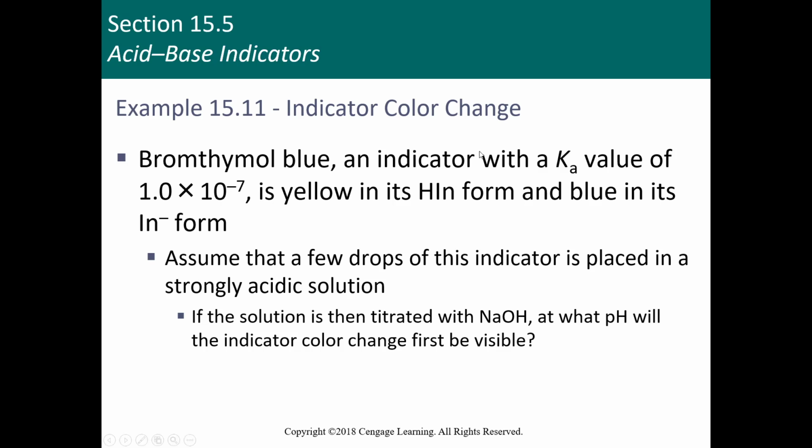Again, what you're looking for is a significant amount of this to be converted from the yellow to the blue form. Now, how much are you going to be able to see? Can you see 1 out of 100 specks? No, probably not, right? You usually need something like 1 in 10. A 1 in 10 is usually a pretty good indicator. You can see that pretty well.